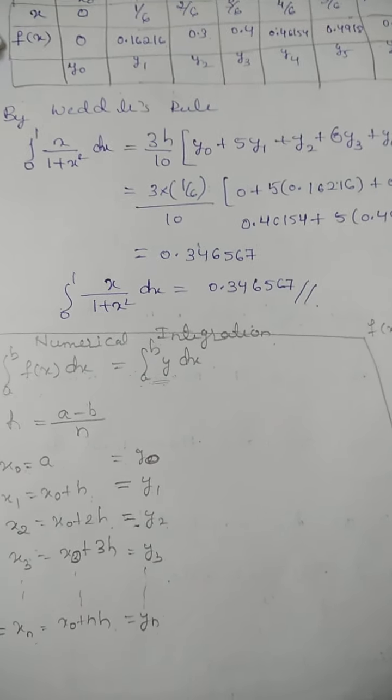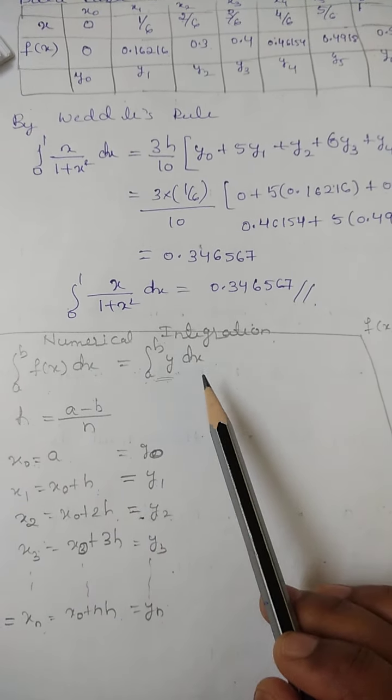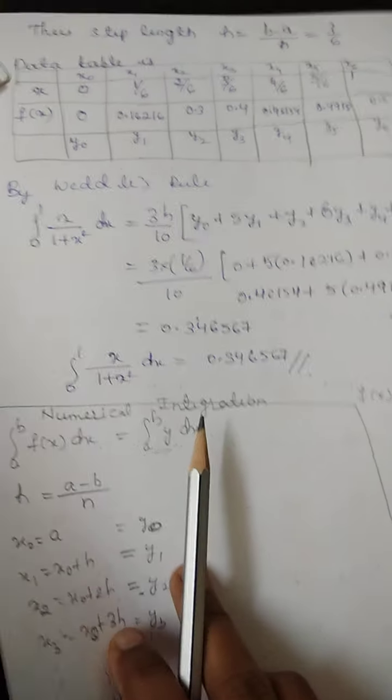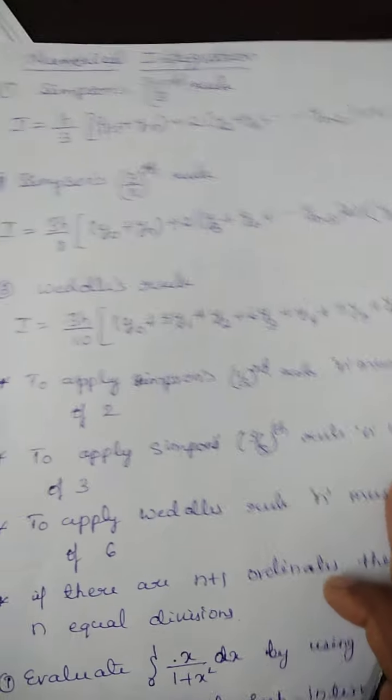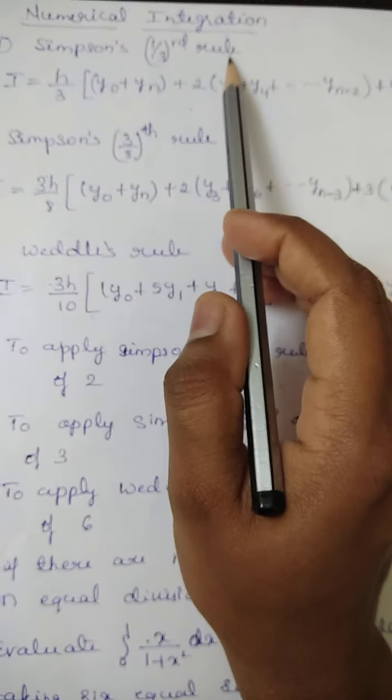We have many formulas to evaluate this type of integral. Let us see them one by one. The first formula of numerical integration is Simpson's 1/3 rule.